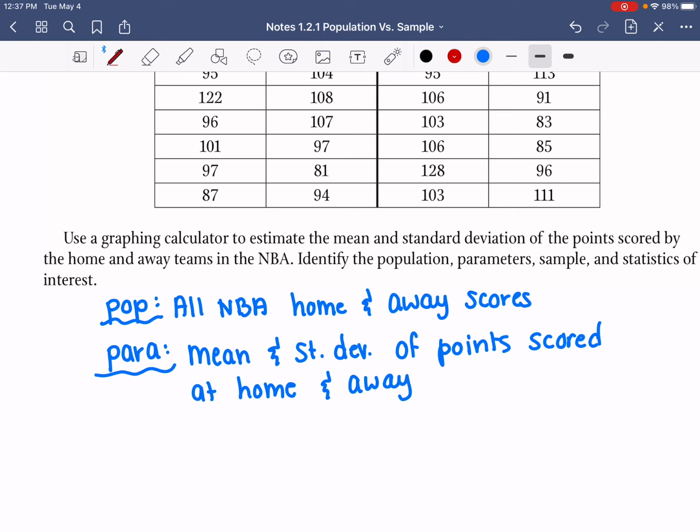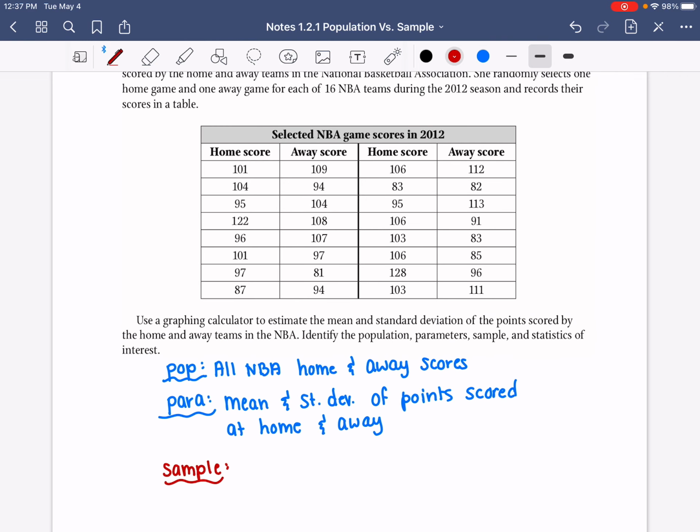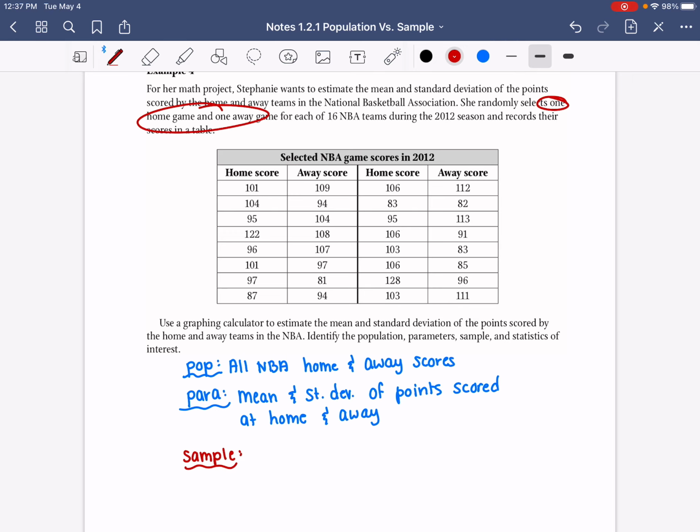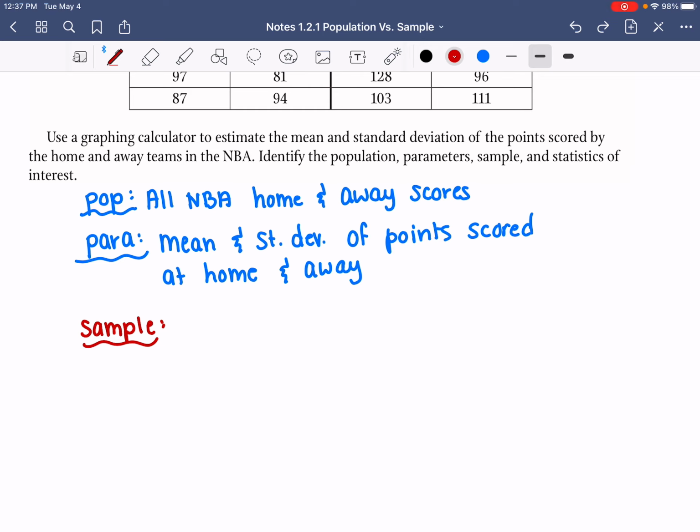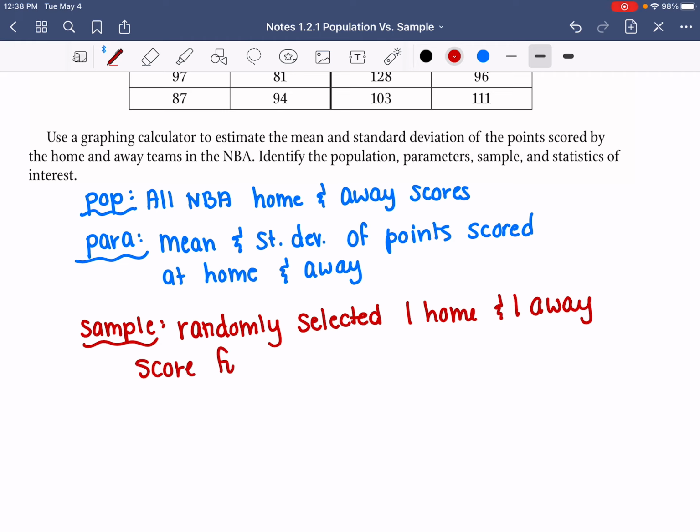All right, now we think smaller, okay? We don't have all of the games ever played. We just have a sample of games. So it says right here that she took one home game and one away game for each of the 16 NBA teams. So our sample is that, just a randomly selected home score and away score for each NBA team.